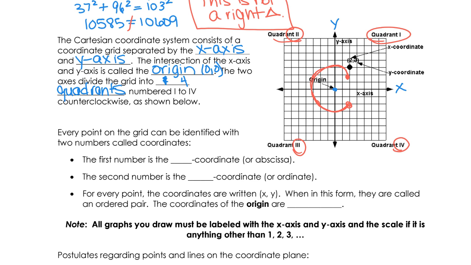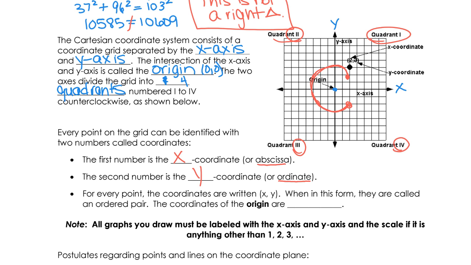All right. Every point on the grid can be identified with 2 numbers called coordinates. The first number is the x coordinate. Okay? You don't have to worry about this word, but that is an old school word that they used to use. We don't really use it too much anymore. The second number is the y coordinate, okay, or the ordinate. And again, they don't use those words too much.